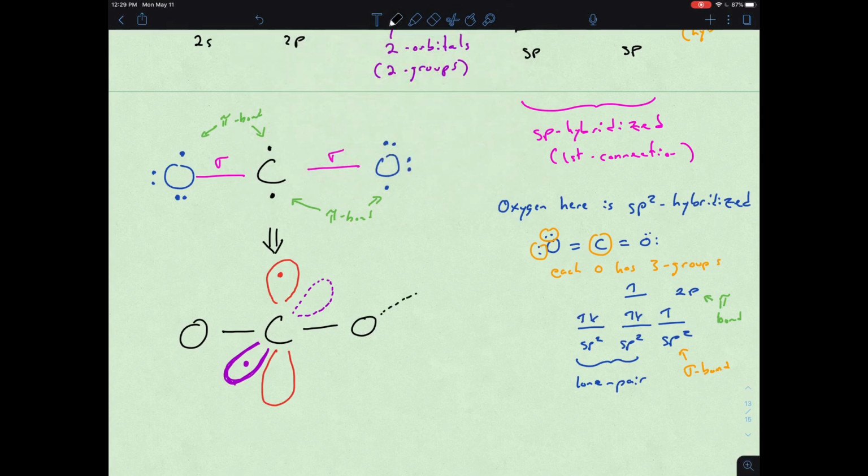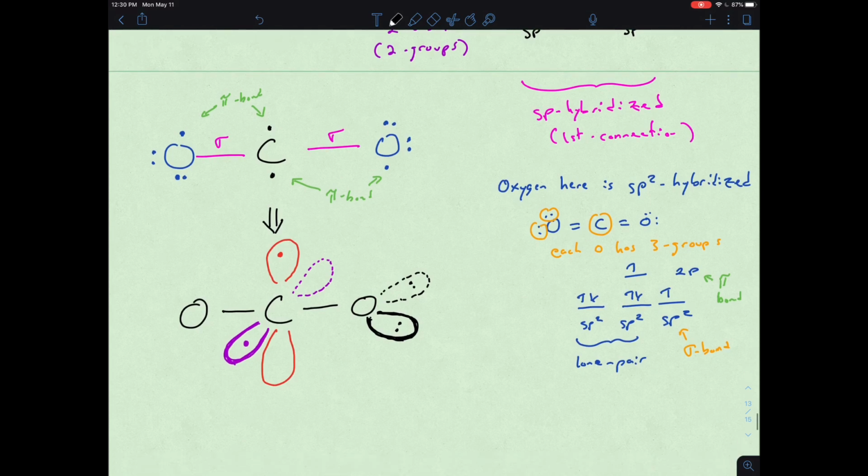So each oxygen can accommodate this. So we would draw the lone pairs on that oxygen kind of flat, trying to show the 3-dimensional trigonal planar geometry here. Like I said, it gets complicated with these valence bond theory lobes that we have.